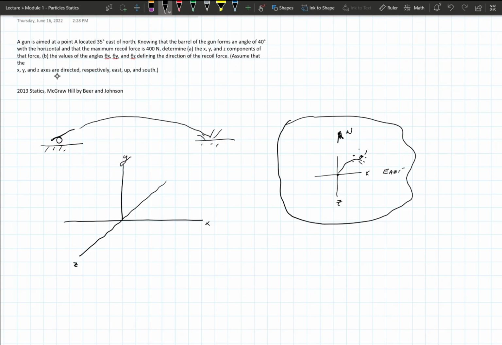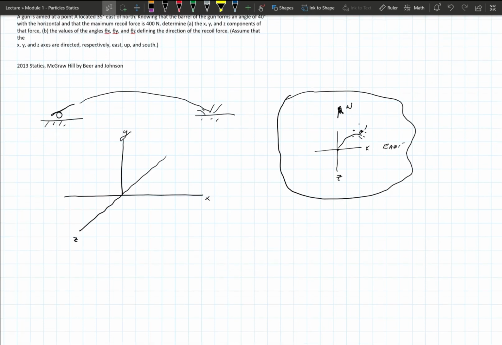Assume that x, y, and z are directed respectively east, up, and south. Okay, so in this we need to write north, east, and this one will be south. Okay, and then we'll have a west over here.